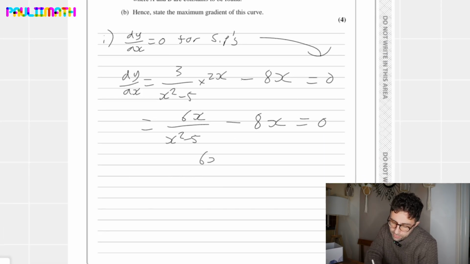What we're going to do, bring that 8x across, and then also times by the x squared minus 5. Multiply out. Well, should we multiply out? Nah, let's not multiply out. Let's totally abandon what I've just done there. Let's just multiply everything by x squared minus 5, because then you would get 6x minus 8x times (x squared minus 5) equals 0.